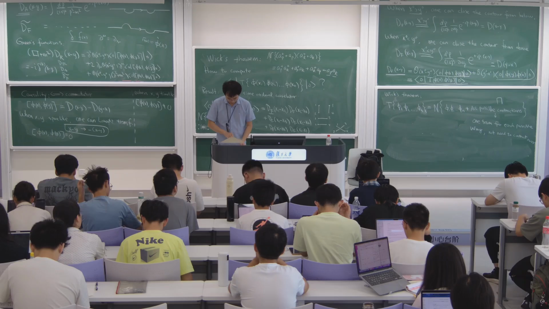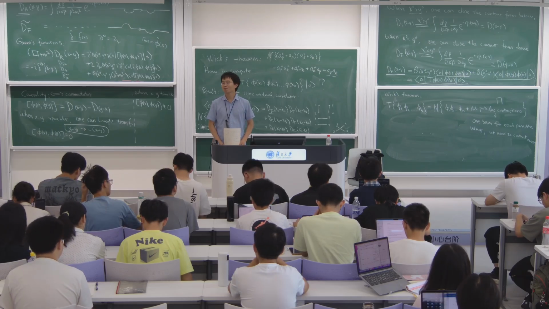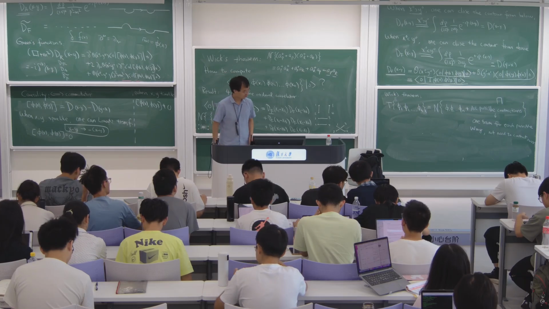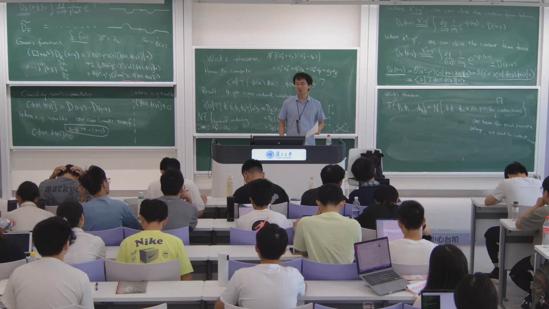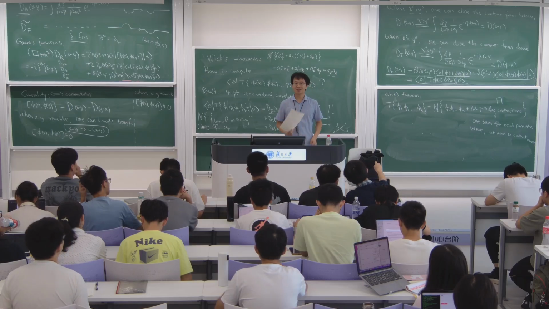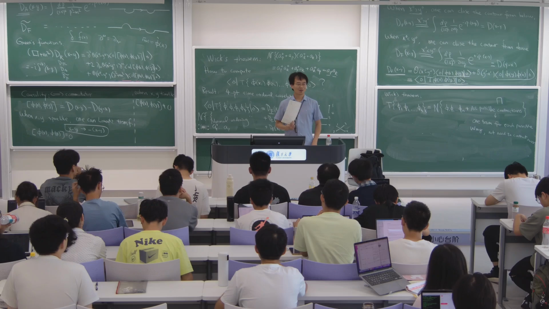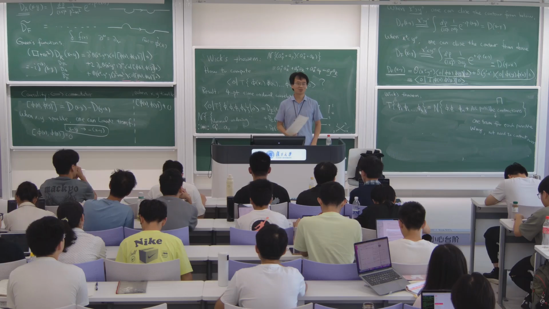So we have 10 minutes. Either we can go to the interacting theory, with a very short beginning within the next 10 minutes, or you want to ask some questions. I can respond to the questions.